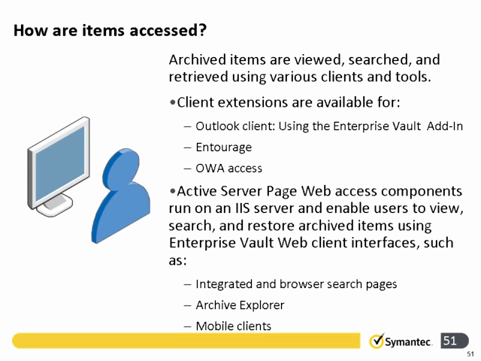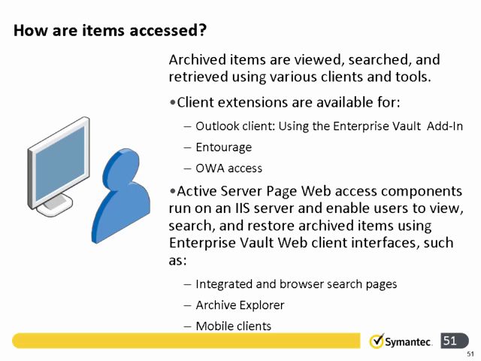How do we access the particular items? We're going to see that we have a variety of ways of seeing the items that have been archived. For our client, we typically have what's called the client extensions. We have the Outlook client, which uses the Enterprise Vault add-in. We also support an Entourage client, as well as giving you Outlook Web Access. We can also give you a web-based type of access through active server pages.